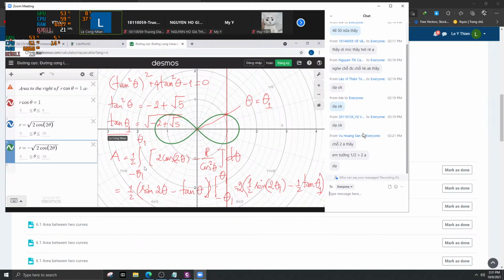It remains to compute the sine of 2 theta 1, but we apply the formula: sine of 2 theta 1 equals 2 tangent of theta 1 over 1 plus the tangent of theta 1 squared. We can find the sine of 2 theta 1, and therefore we get the area of this region. Does it make sense? You get the idea?